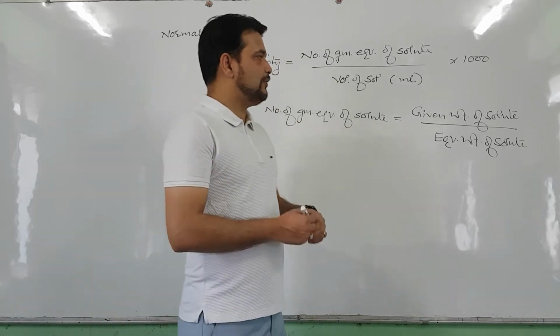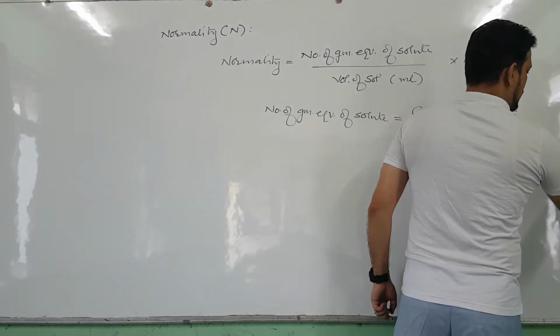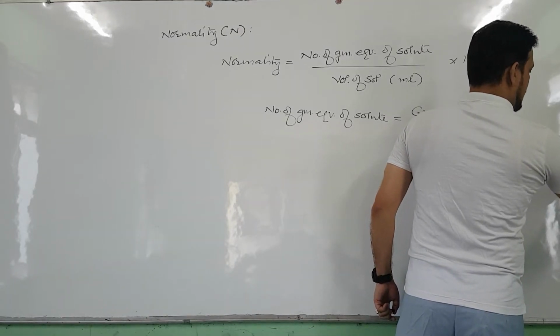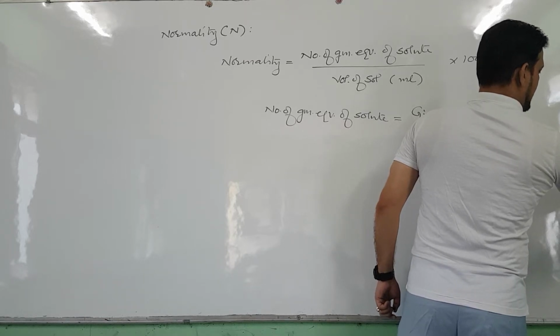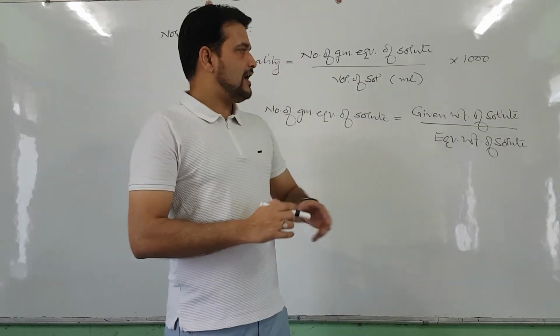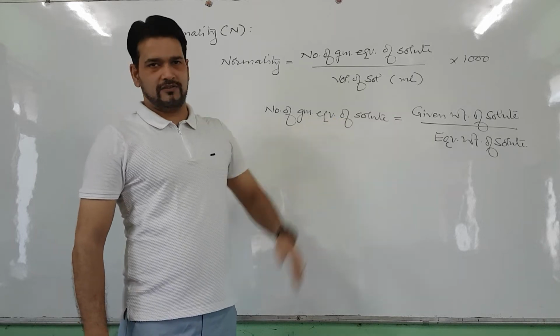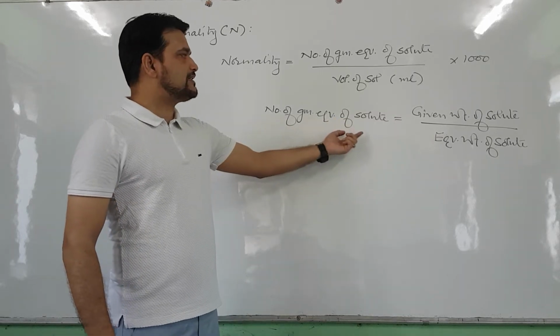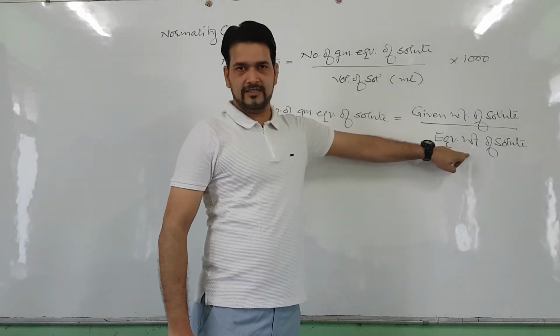It is just like we calculate number of moles. Number of moles is calculated by given weight divided by molecular weight. But number of gram equivalents is calculated by given weight divided by equivalent weight.